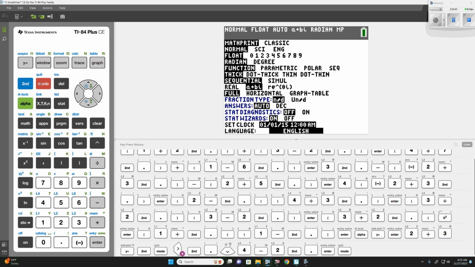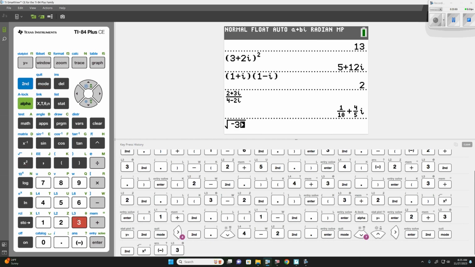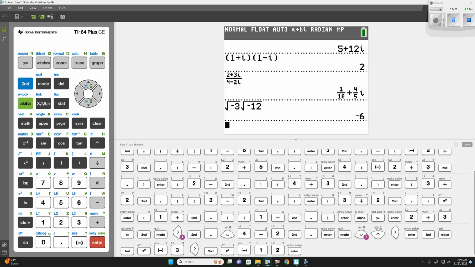We scroll down to it, cursor over onto a plus bi, hit enter, and we can go second quit. So it will let us take the square root of negative 3, second square root, negative 12, and hit enter. And it is negative 6.